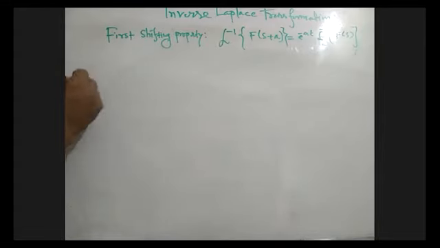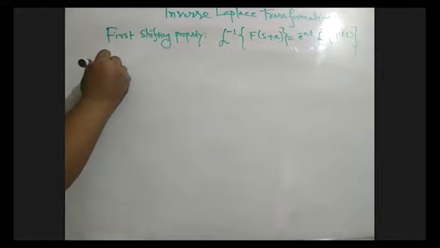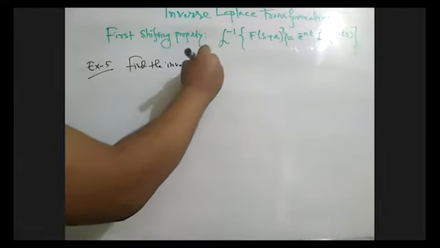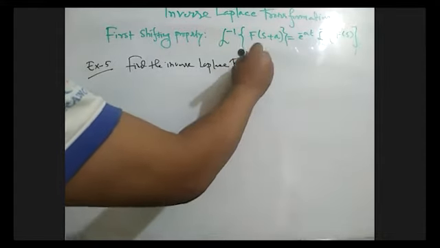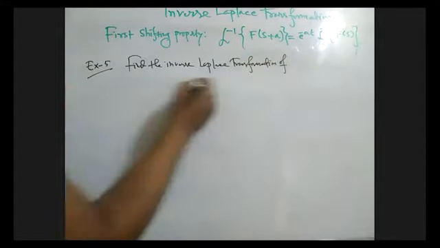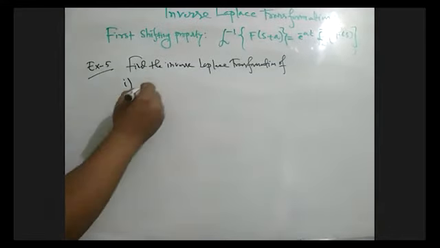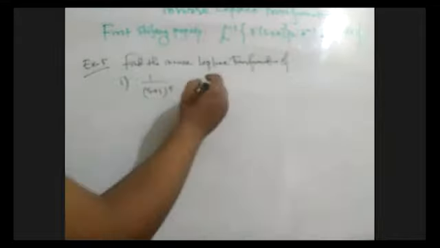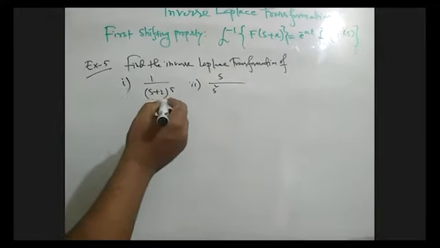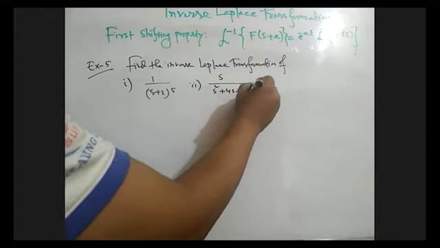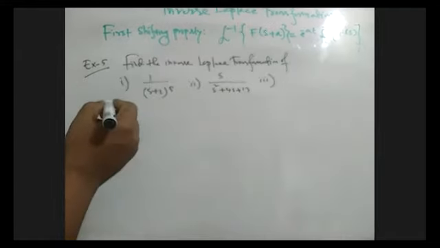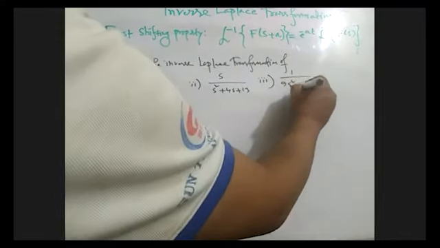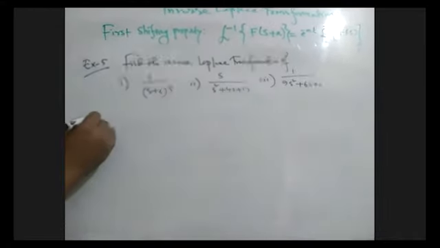Suppose like this: find the inverse Laplace transformation of, first one, 1 by s plus 2; number 2, s divided by s square plus 4s plus 13; and 1 by 9s square plus 6s plus 1. Actually, how do we find this example?